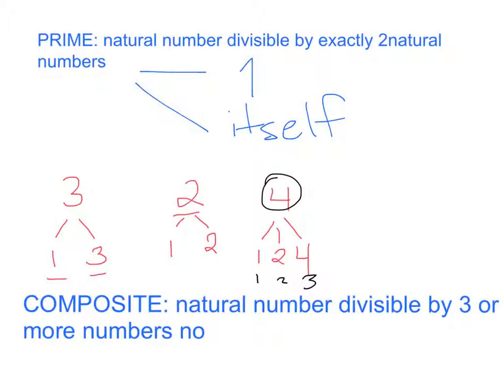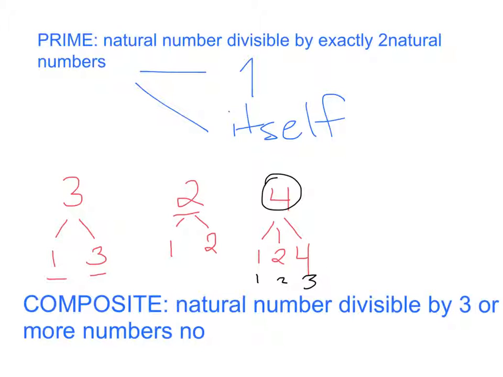Auto text. So, let's go over this again. Prime numbers are natural numbers that are divisible by exactly two natural numbers, and that is 1 and itself. For example, we have the number 3.